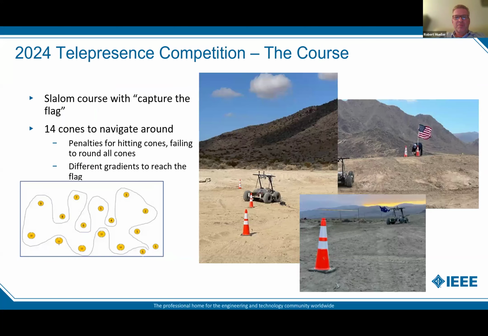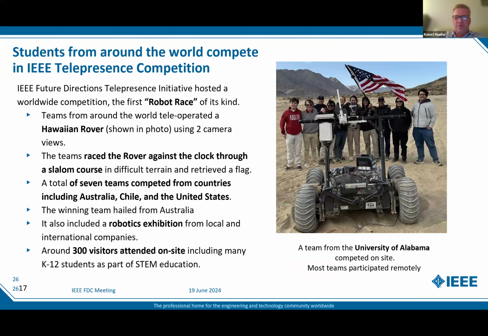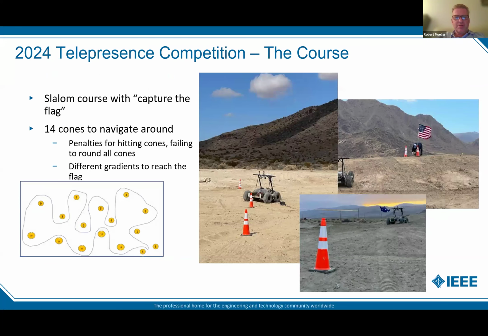The telepresence competition was a race, and it was a slalom race. You see the cones. I'm sorry, this keeps moving on me. There are traffic cones, and we laid out this course, and then the teams had to slalom around the traffic cones, and then you'll see that little hill, and we put up the US flag on the hill, and the robot had to go capture the flag and then bring it down the hill and then keep going through the slalom.